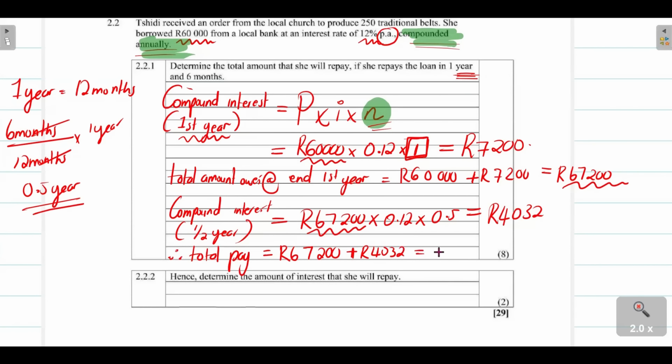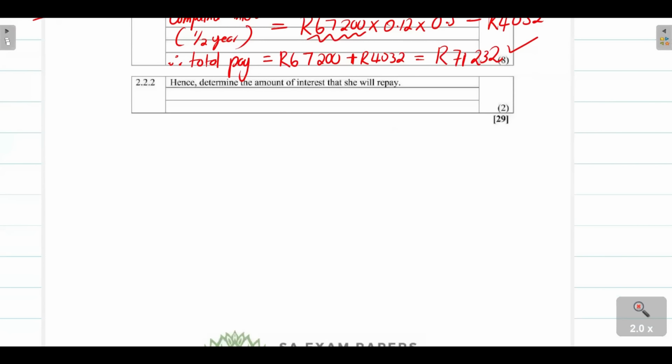Then when you punch that into your calculator, you should get 71,232. So this is the total amount that she will owe the bank at the end of that 1 year and 6 months.